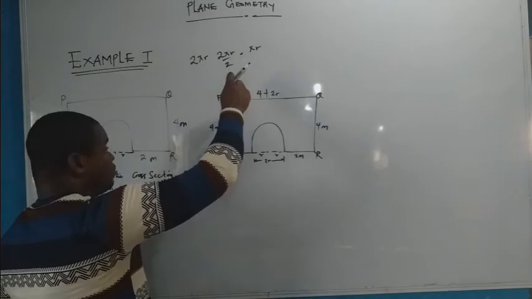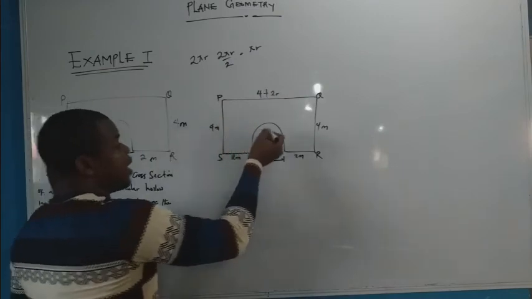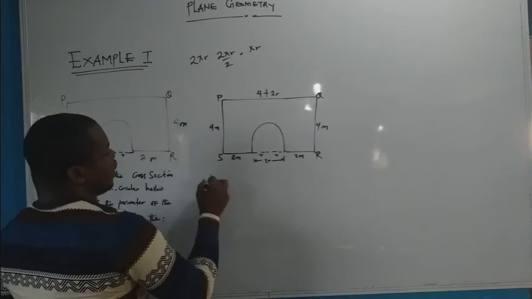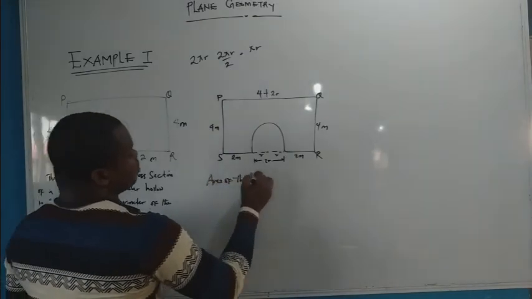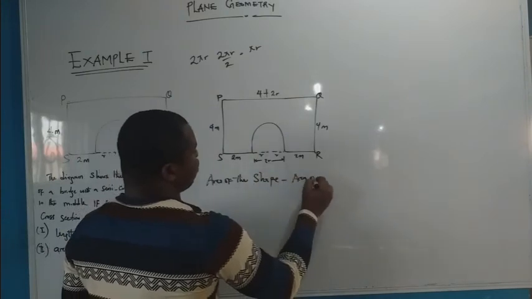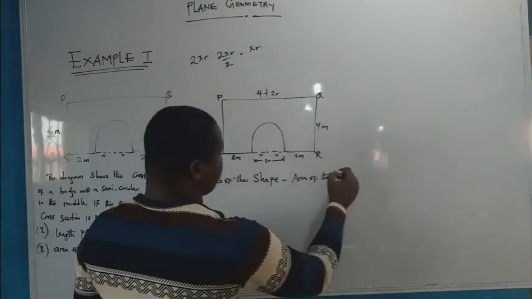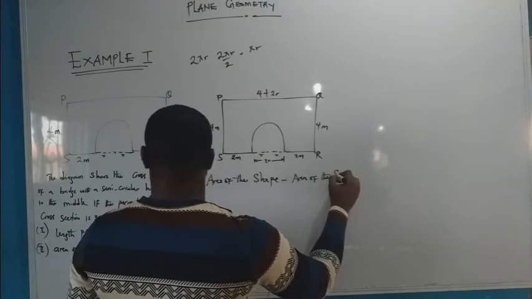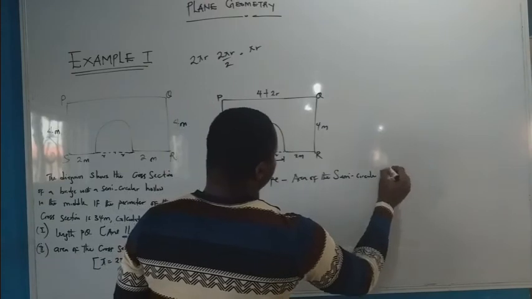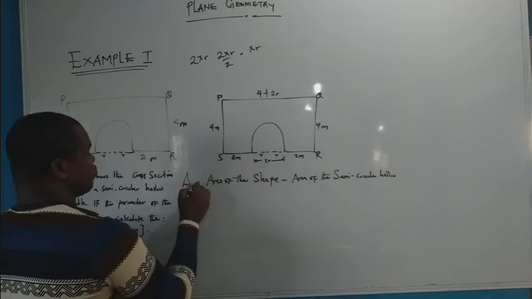That's the whole rectangle, because when you construct this, you have a rectangle minus the area of this semicircle. Is that clear? So it's going to be the area of the shape, which is a rectangle, minus the area of the semicircular hollow. Is that clear? So this will give us the area of the cross section.